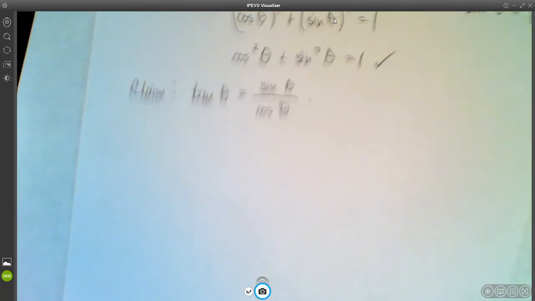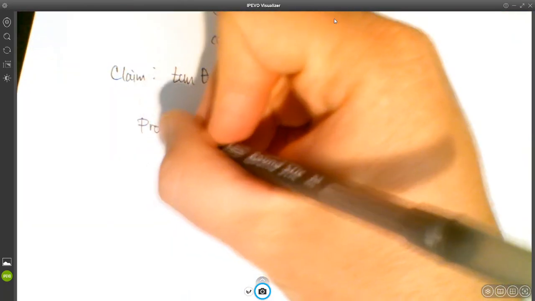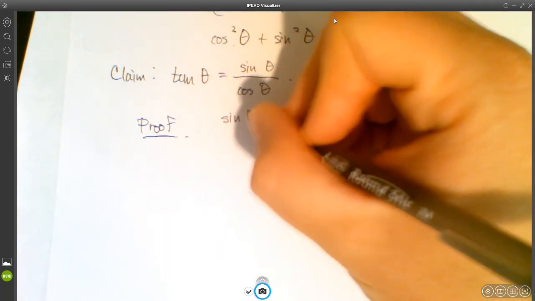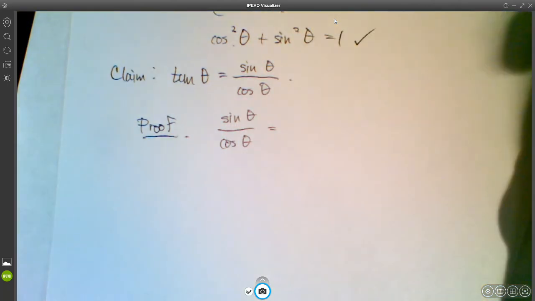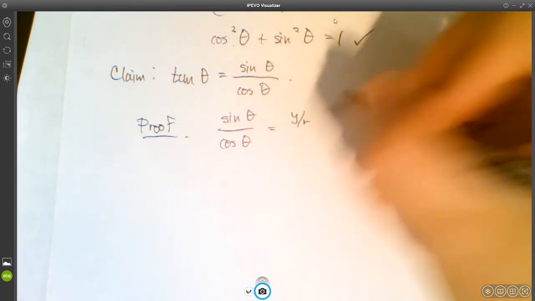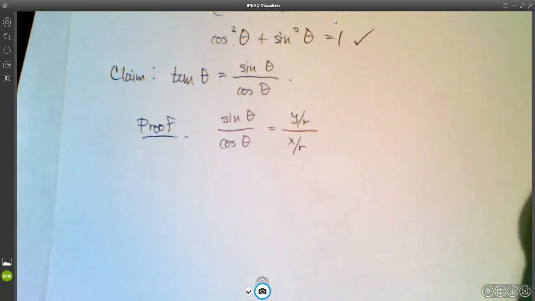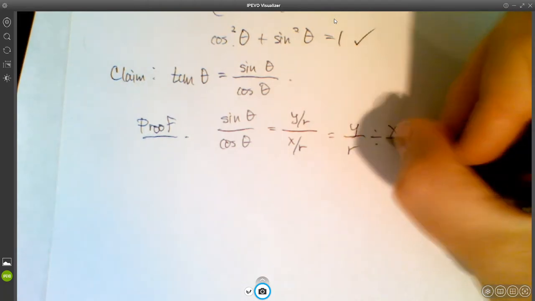The claim that we want to prove is that tangent theta equals sine theta over cosine theta. So I'm going to start with sine theta over cosine theta. By definition, sine theta is y over r, and cosine theta is x over r. In other words, we have y over r divided by x over r.